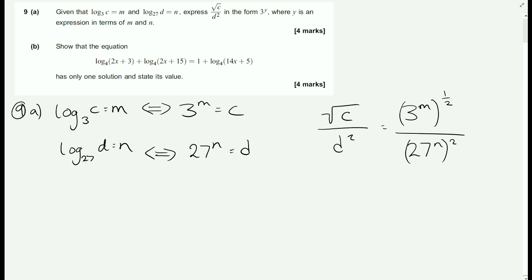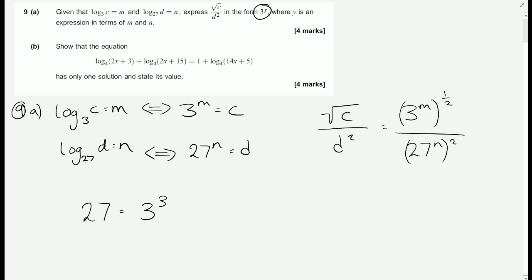Now, the biggest problem we have is we want this in the form 3 to the power of y. So whilst the top is okay because it's got a base number of 3, the bottom is not. It's 27. And it's looking for these sorts of patterns in all the log questions, really, because 27 can be written as a power of 3. It's 3 cubed.